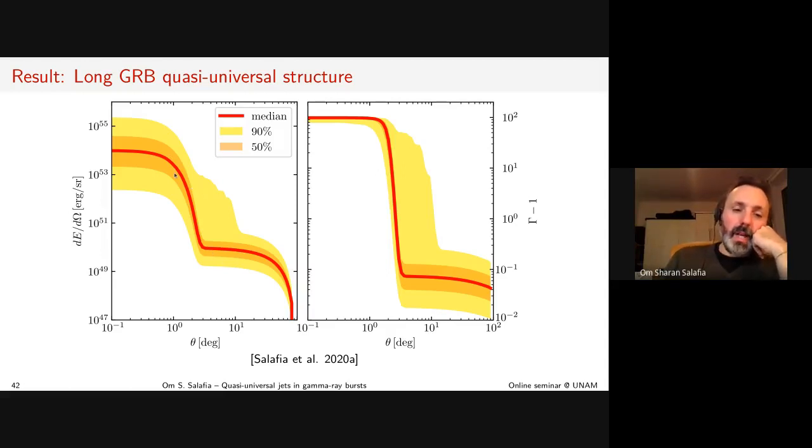And as you see, you have some wider cases, but most of them are quite narrow, just 1 or 2 degrees, with a very large cocoon, but which features a very low energy per unit solid angle when compared to the jet.